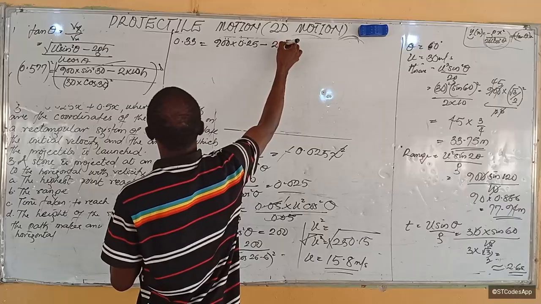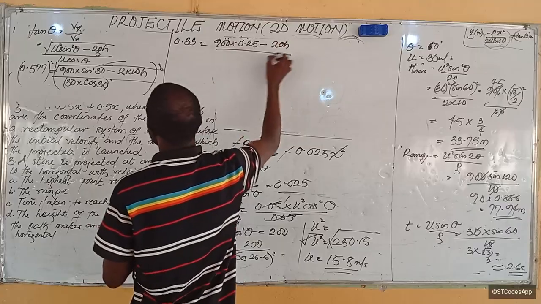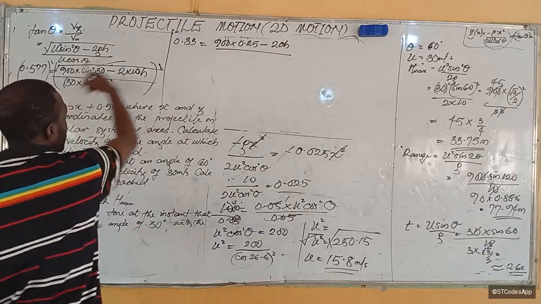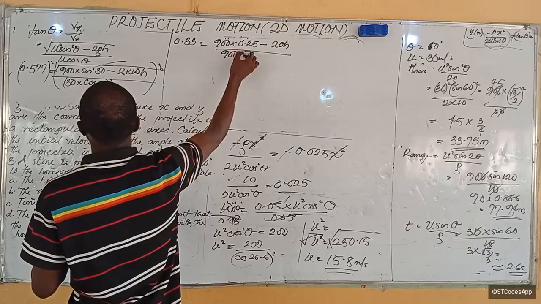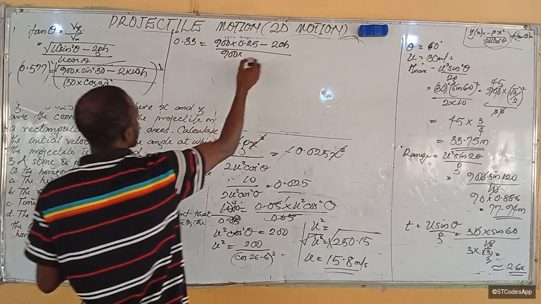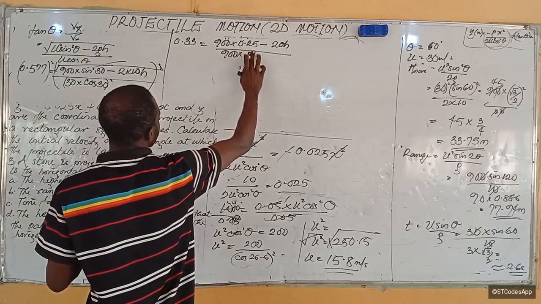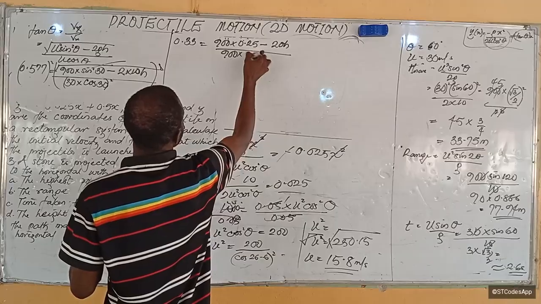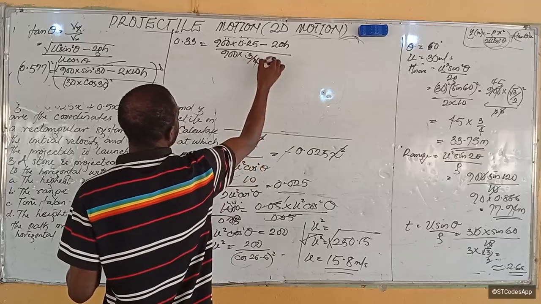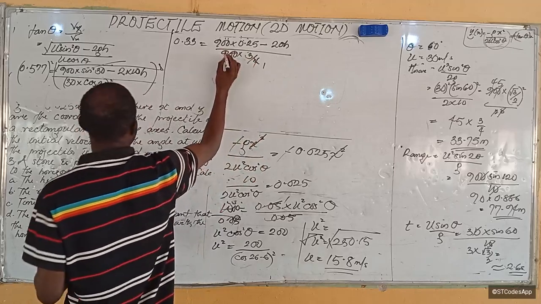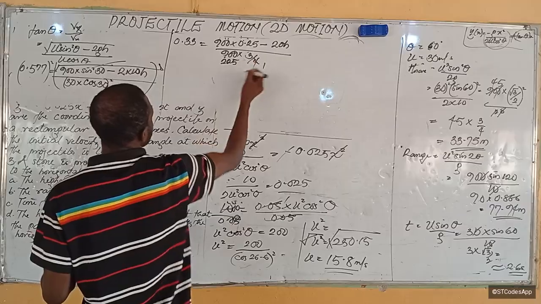minus 2 times 10, 20h, over square of 30 is 900 again, times cosine 30 squared, that is root 3 over 2 squared. That will be what? 3 over 4. So 4 here 1, 4 here, 2 here 450, half of 450, that will be 225. 225 times 3.